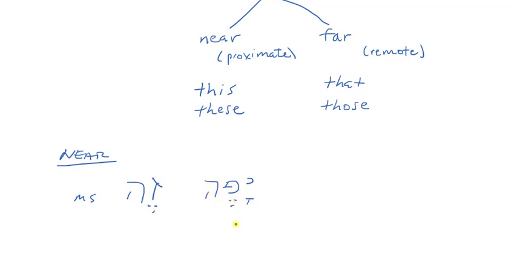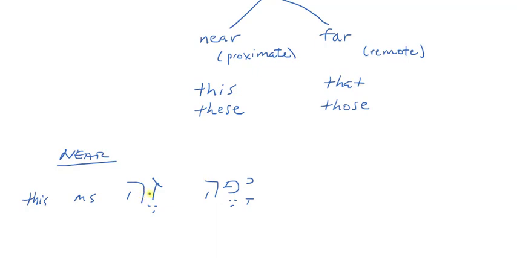Do you remember yafeh? Yes, yafeh is beautiful, or handsome, okay? This is the masculine singular form with the segol heh here. Ze is the word for this masculine singular thing, and notice that it has a segol heh as well.